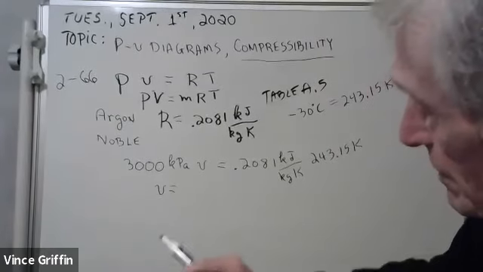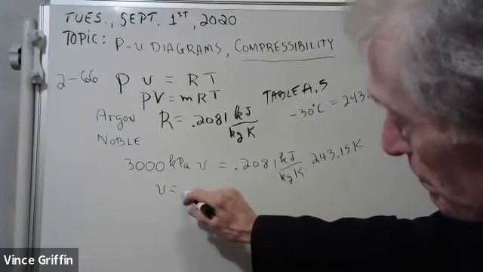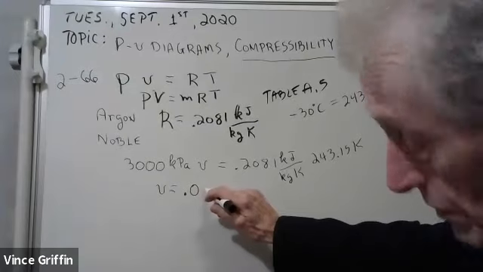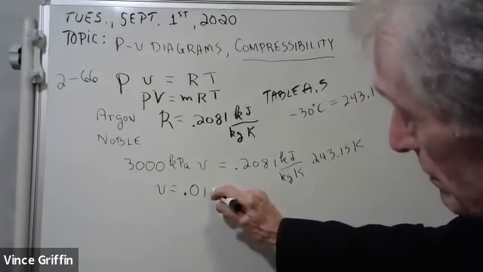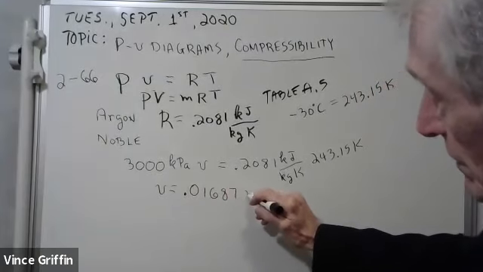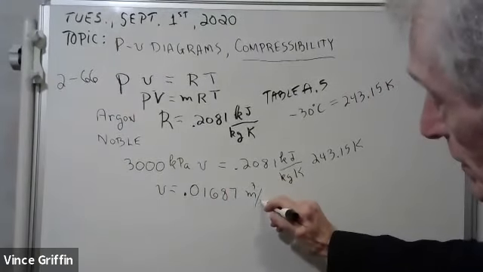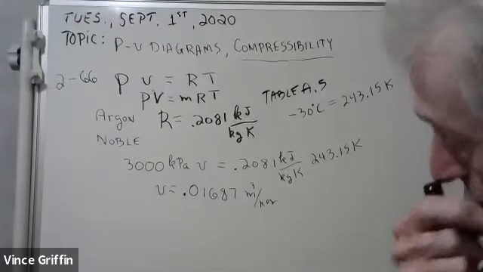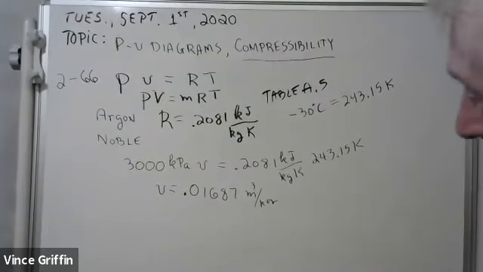Bryce, one of us is probably right. I'm getting 0.016. Do yours again. I'm going to do mine again. Yours is right. 0.01687. Yeah. We're okay. So we're happy. Bryce and I are happy now.